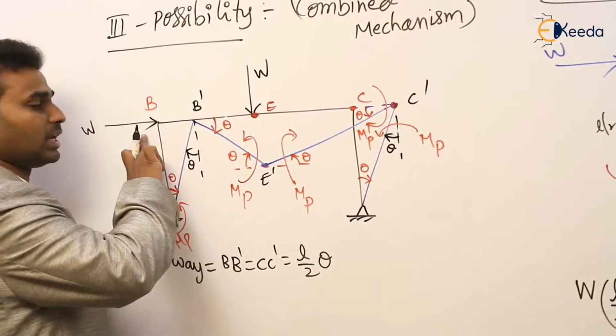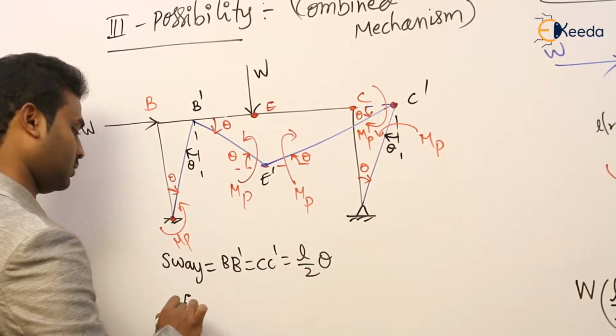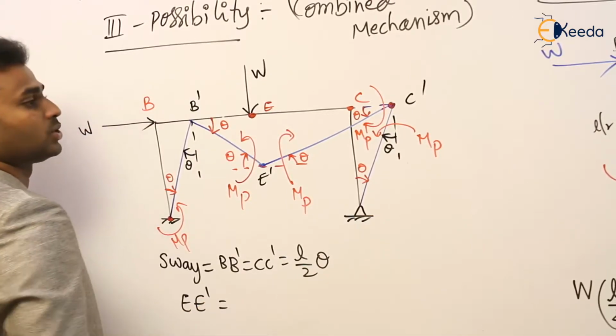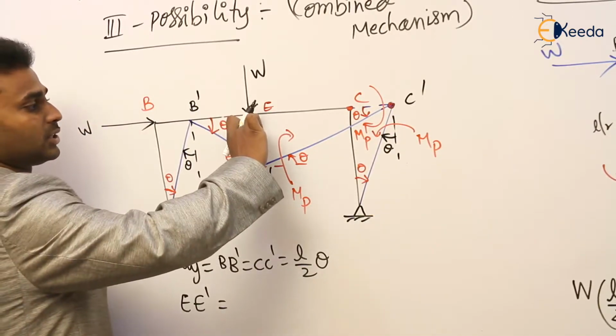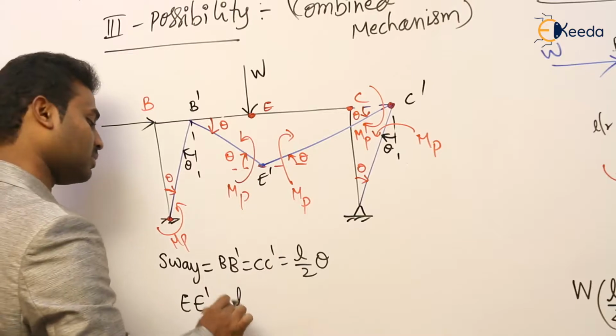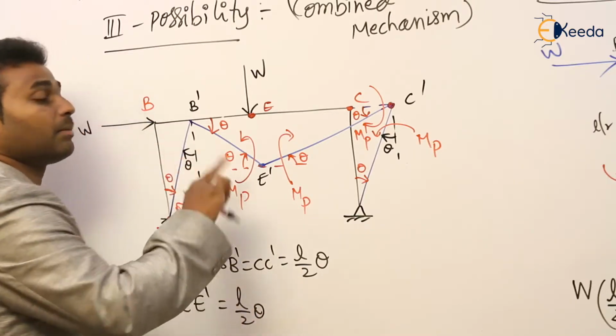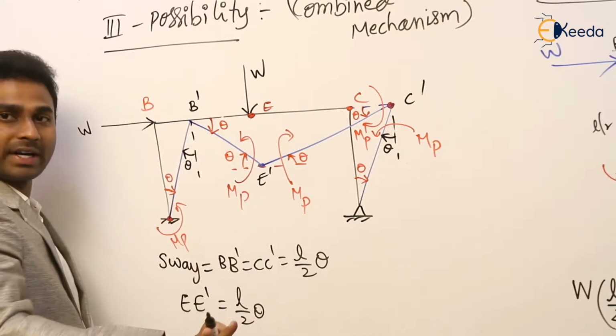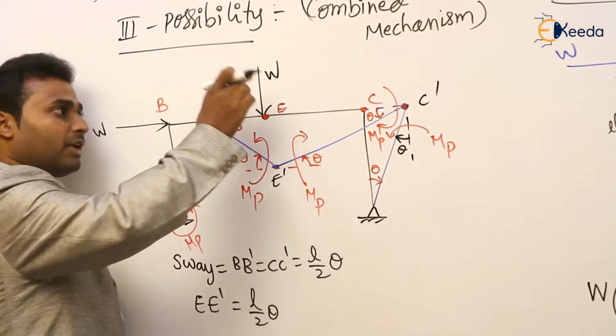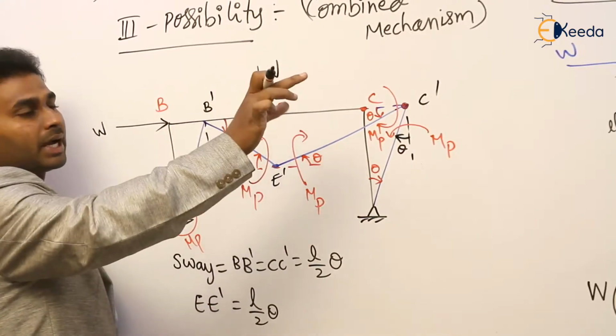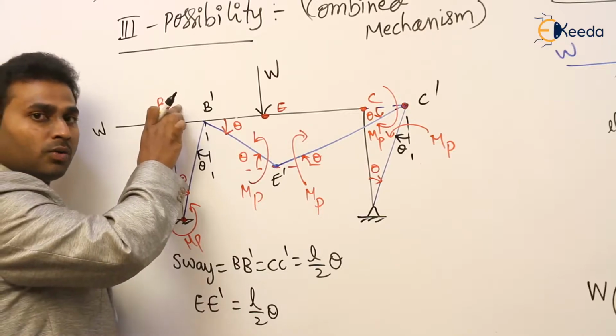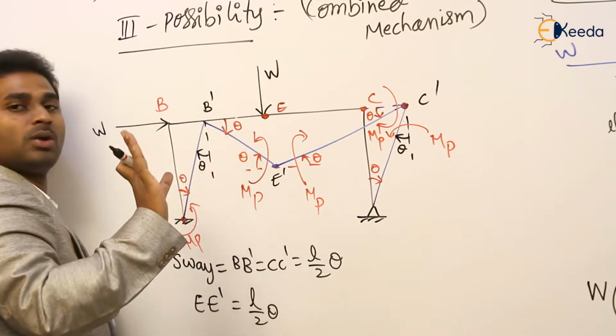Because this is theta and this is L by 2. And E dash: this is L by 2 and this is theta, so it is also L by 2 theta. Now in the combined mechanism, both the loads will do work. In the beam mechanism only the vertical load will do work, and in the sway mechanism only the horizontal load will do work. But in the combined mechanism, both the loads will do work.